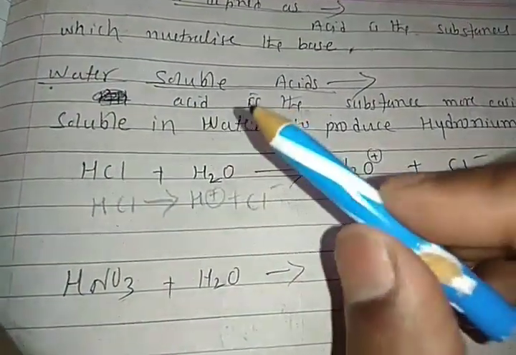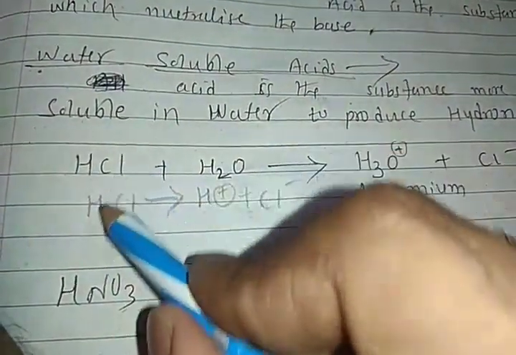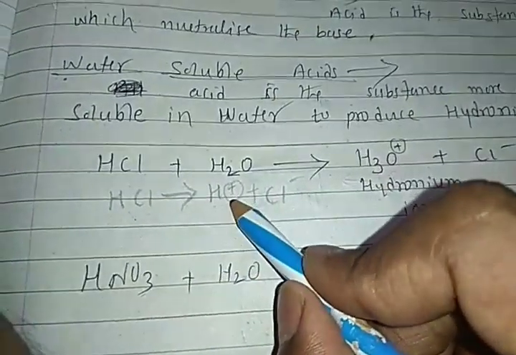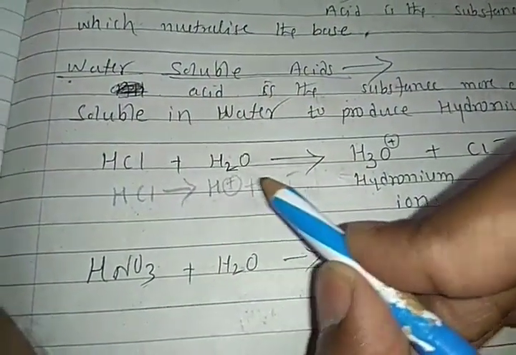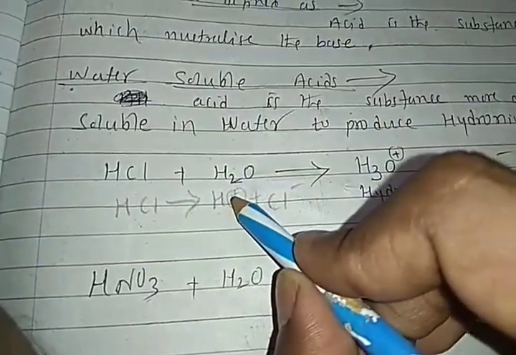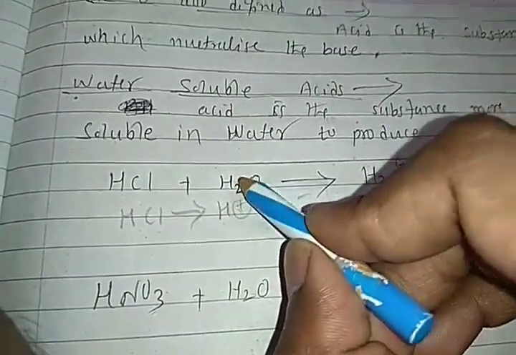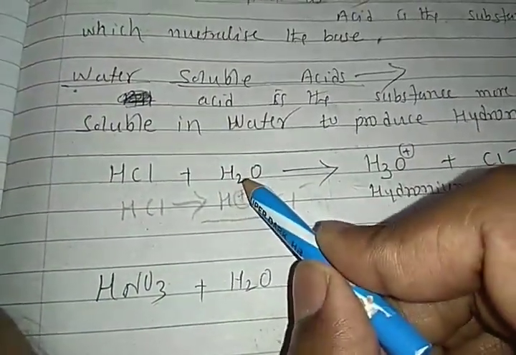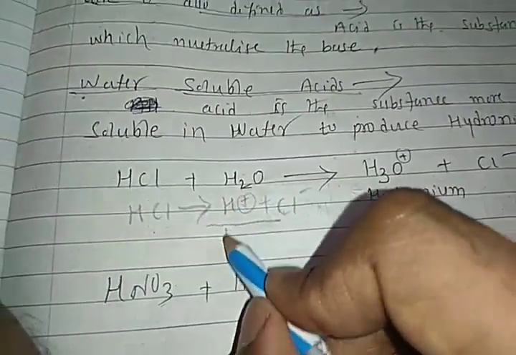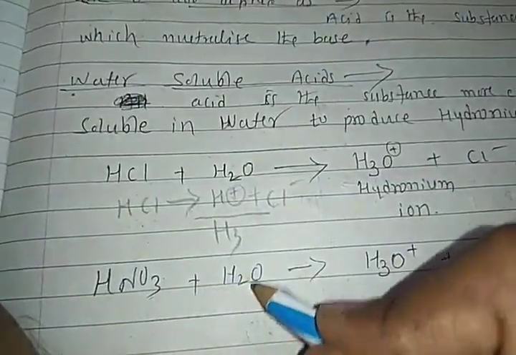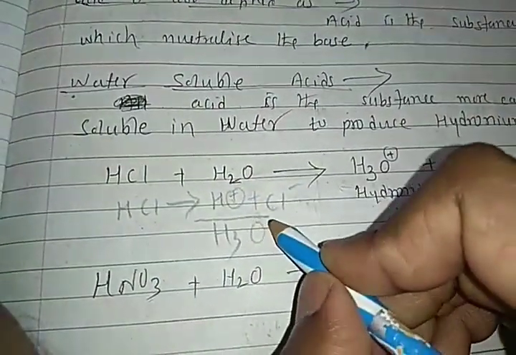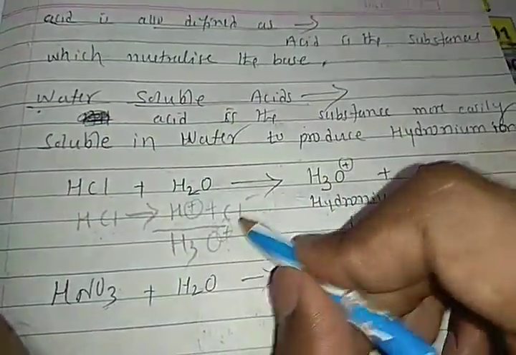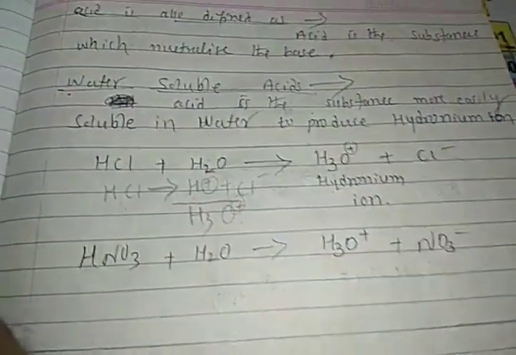Right, students? Let me say once again: hydrochloric acid dissociates in water to form hydrogen ions and chloride ions. These hydrogen ions combine with water: 2 hydrogen plus 1 hydrogen, total 3 hydrogen, and the oxygen as it is with a plus charge over the oxygen, H3O plus, and Cl minus as it is. Understood, students?